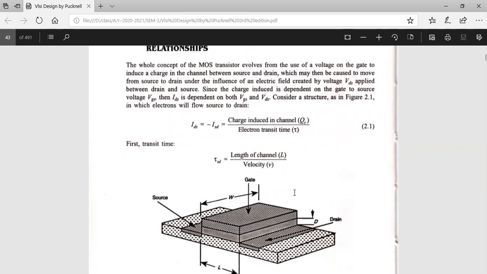When this positive voltage is very small, there is an effect under the gate at this position. After that, I increase the positive voltage for this N MOSFET.